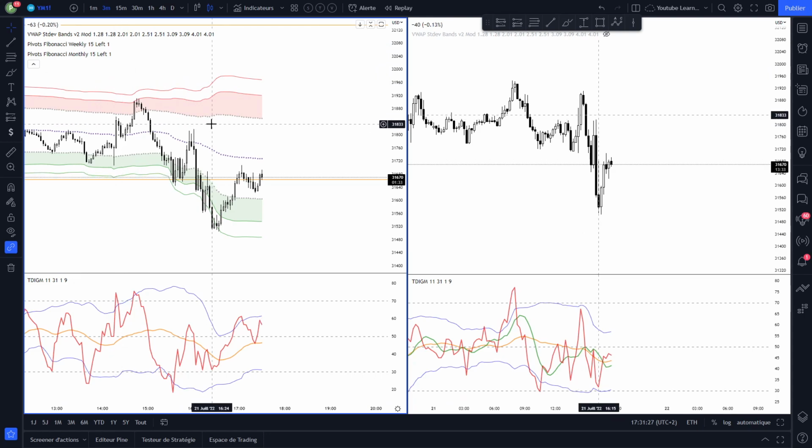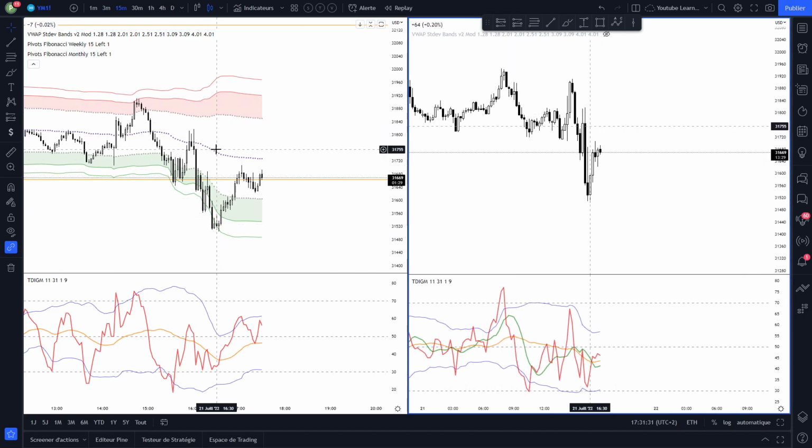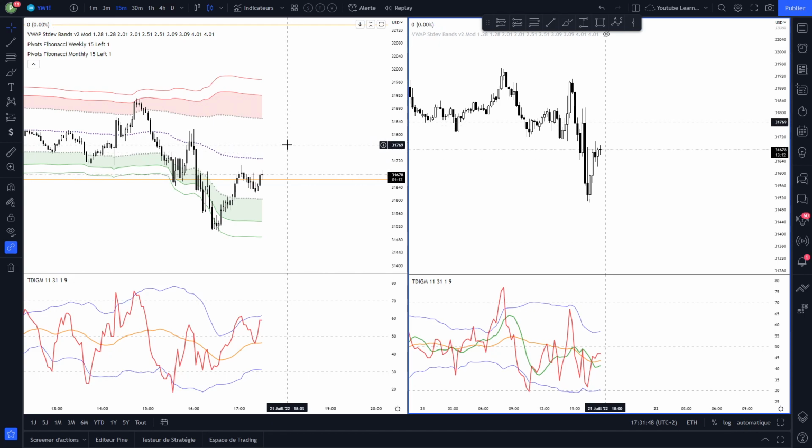It's just because I need to look at the higher time frame to check I'm not against the market when I enter the trade, but I always enter the trade on the 3-minute chart. I think it really gives you a short stop loss, and you have better entries on the 3-minute chart.